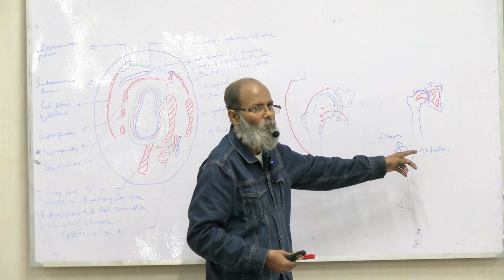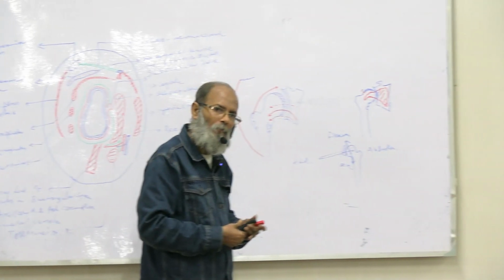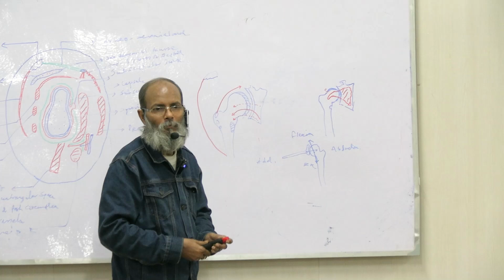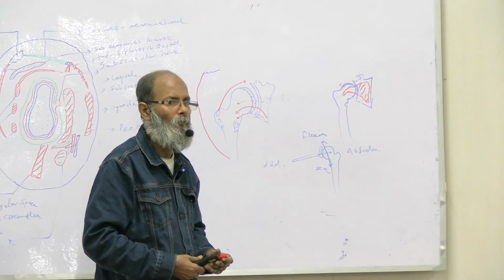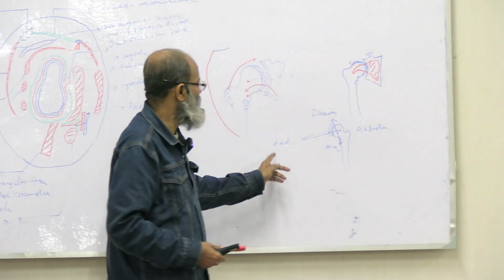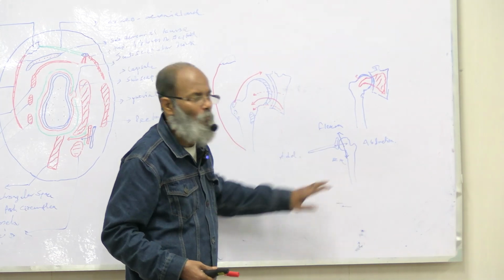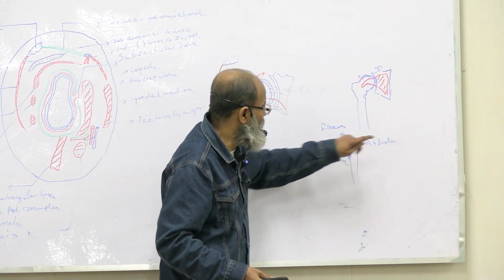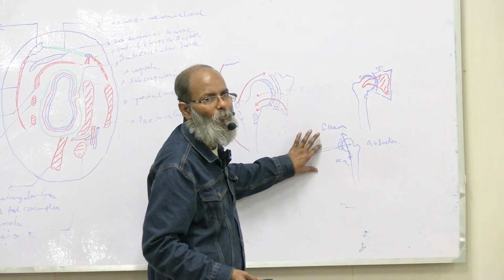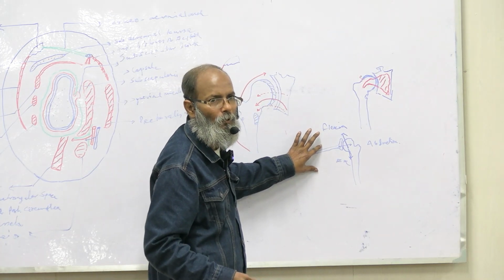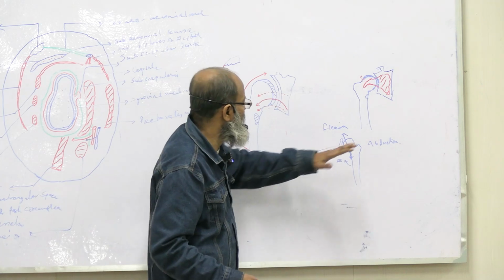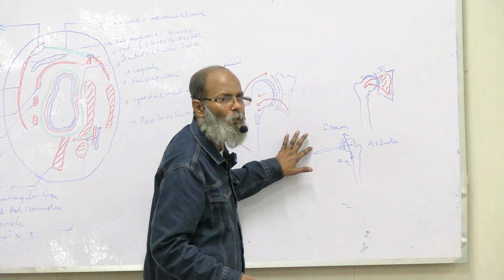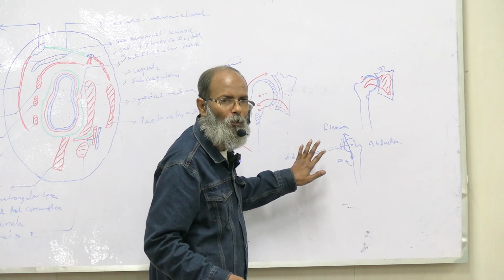You see this one. Adduction and abduction occur parallel to the plane of the body of the scapula. This is in this direction. The body of the scapula is in this direction, so what is this line? Adduction and abduction are parallel to the plane of the body of the scapula.